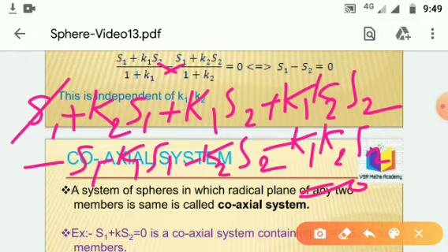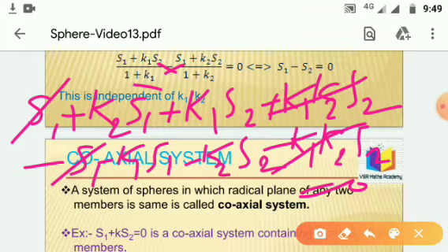So S1 will be cancelled with S1. So you will get K2 S1 minus K1 S1, K1 S2 minus K2 S2, and K1 K2 S2 minus K1 K2 S2. This also will be cancelled.